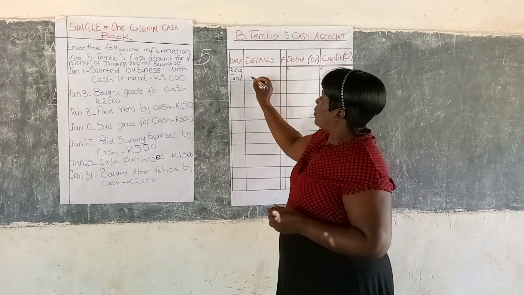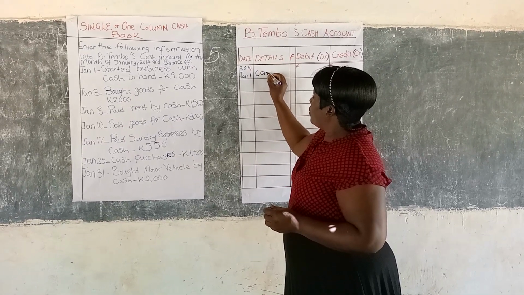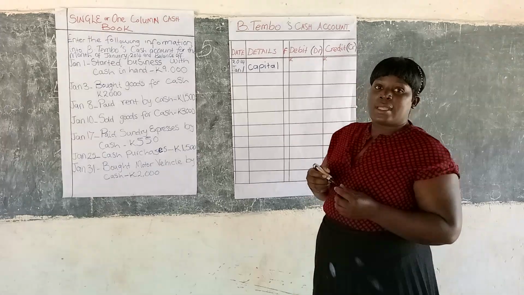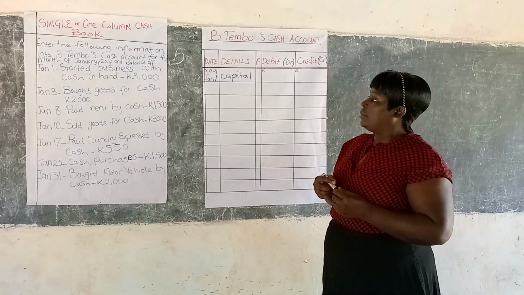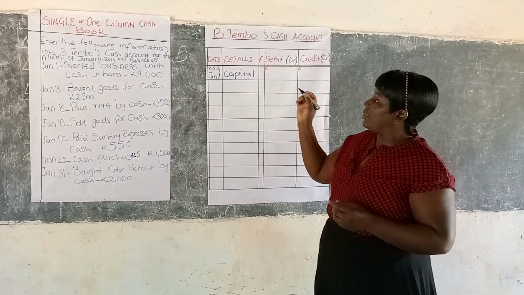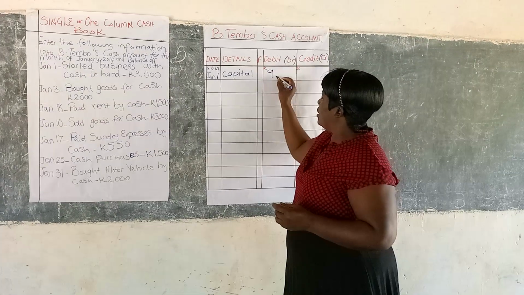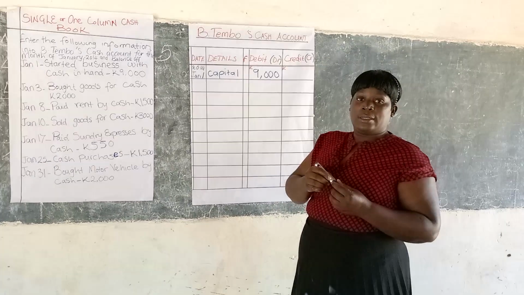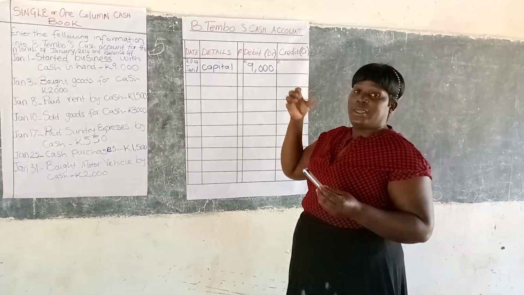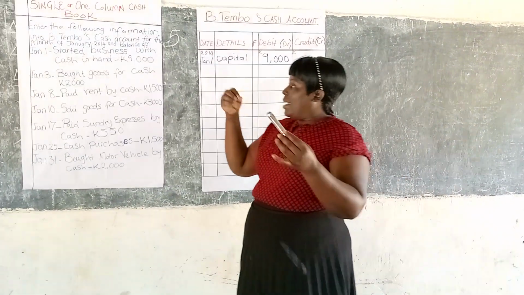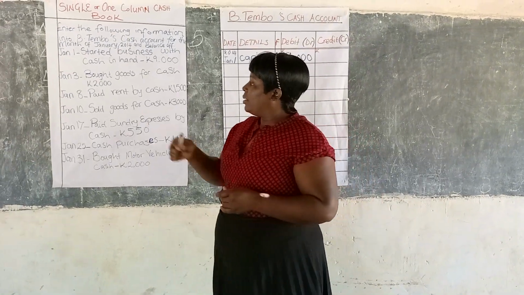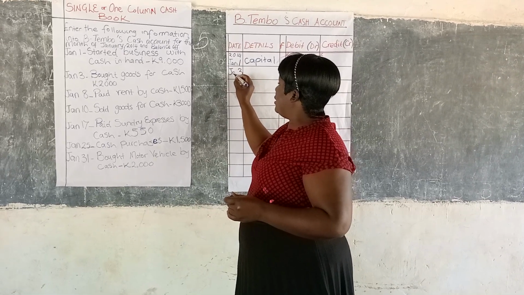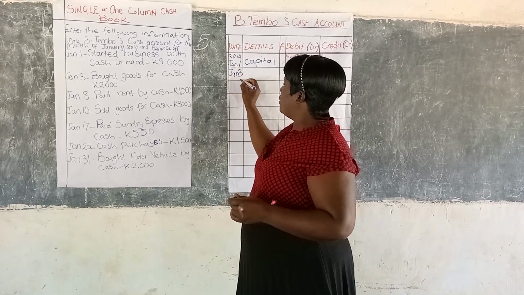In the details we are going to write capital, because capital is the money that is used to start a business. So this person started business, so this amount is going to be debited because it entered the business.